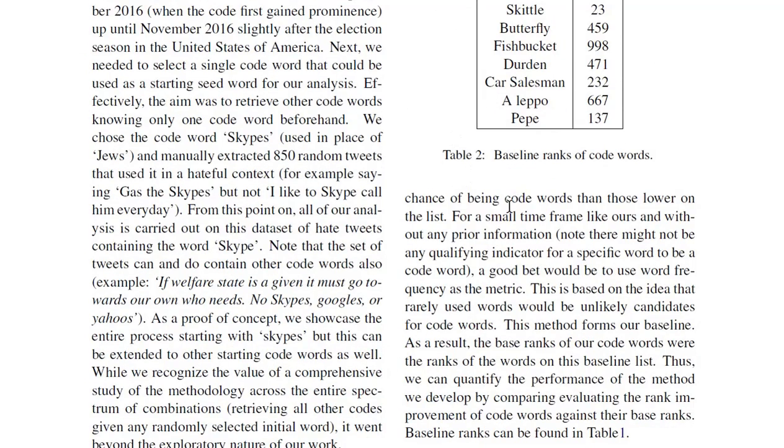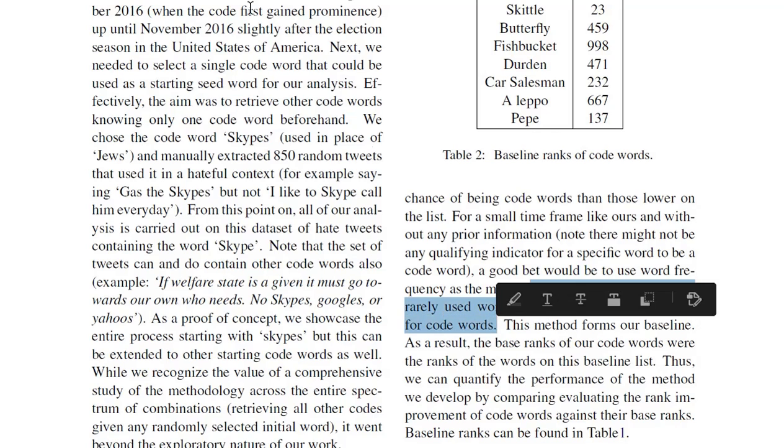For a small time frame like ours and without any prior information, a good bet would be to use word frequency as the metric. Note, there might not be any qualifying indicators for a specific word to be a code word. This is based on the idea that rarely used words would be unlikely candidates for code words. This also makes sense at some level, because if they are used, then they wouldn't use words which would gather suspicion, right?